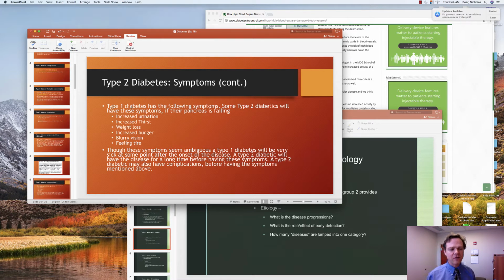If you're narrowing your topic and you're only talking about one thing, make sure that you concentrate on that one thing and don't start going into detail about something else. So I mention it here because the symptoms can be the same for type 1 and type 2. But generally, I don't talk about type 1 because it's going to confuse the issue.